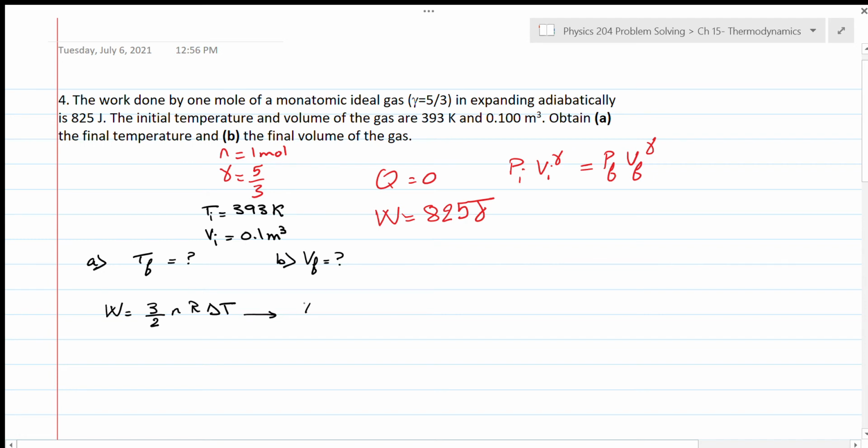So delta T will be 2 over 3 W over nR. So T final will be T initial plus 2 over 3 W over nR. We have the work, we have the number of moles, R is a constant, and we have T initial. So we can now calculate the value of the final temperature.